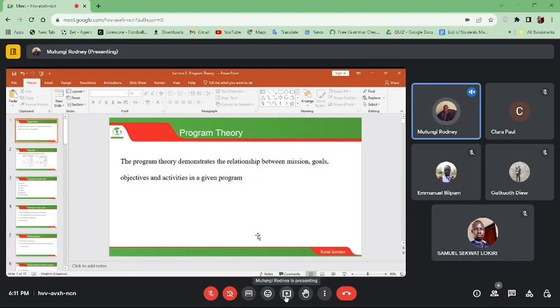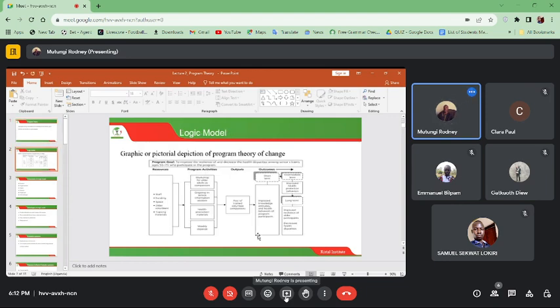The mission will be the bigger thing, and the goal will also be a bit bigger. Now you have to narrow it down to see those specific activities that will lead you there. If you want to achieve better nutrition status in a given population, then you have to narrow it down to the specific activities and the short-term goals that you're going to achieve. From the short term, you go to the mid term, and then the long term will finally appear.